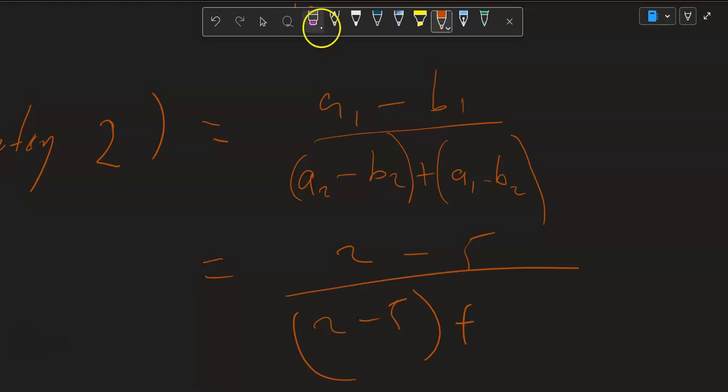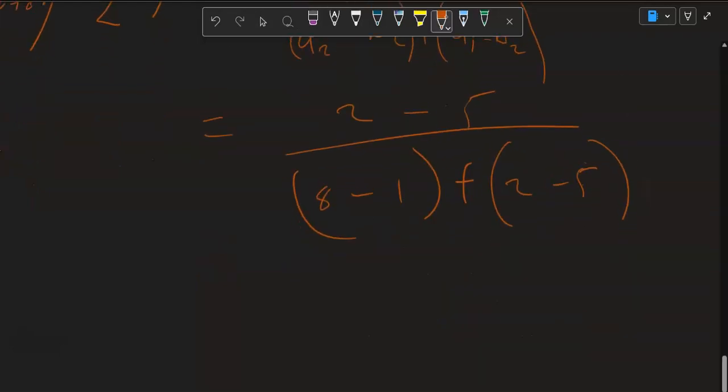Actually, this is A2, so I have made an error there. So we input for 2. A2 is 8, and we have B2 as 1, plus 2 minus 5.